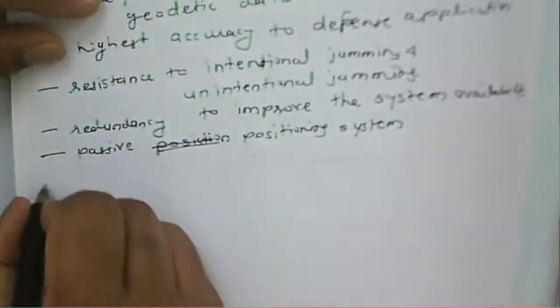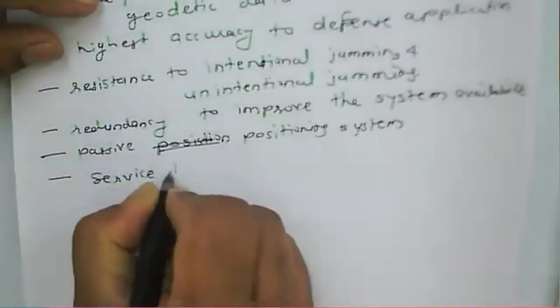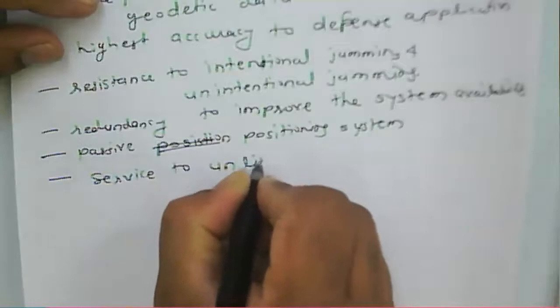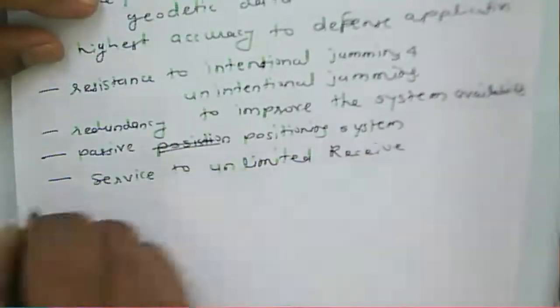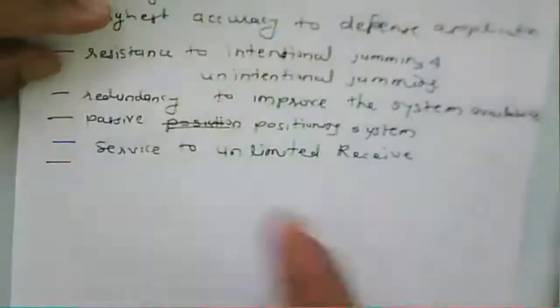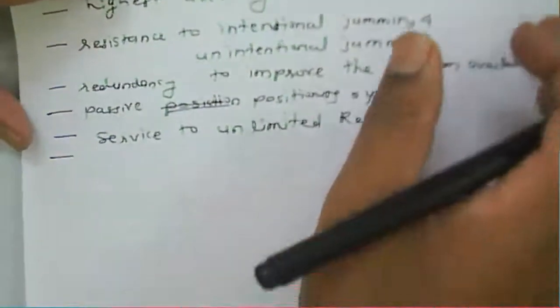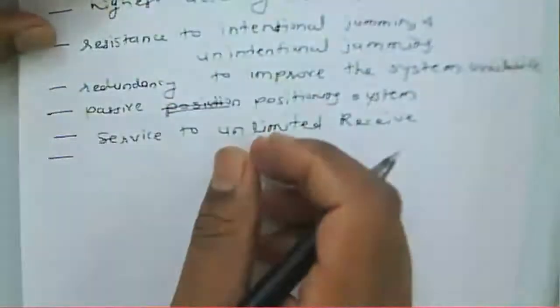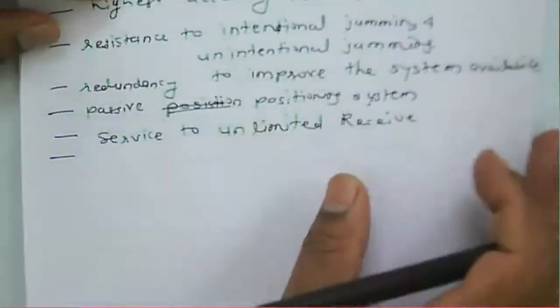Then it will provide the service to unlimited receivers. That receiver can be any simple receiver, and for any simple receiver, it will provide the information regarding the position.